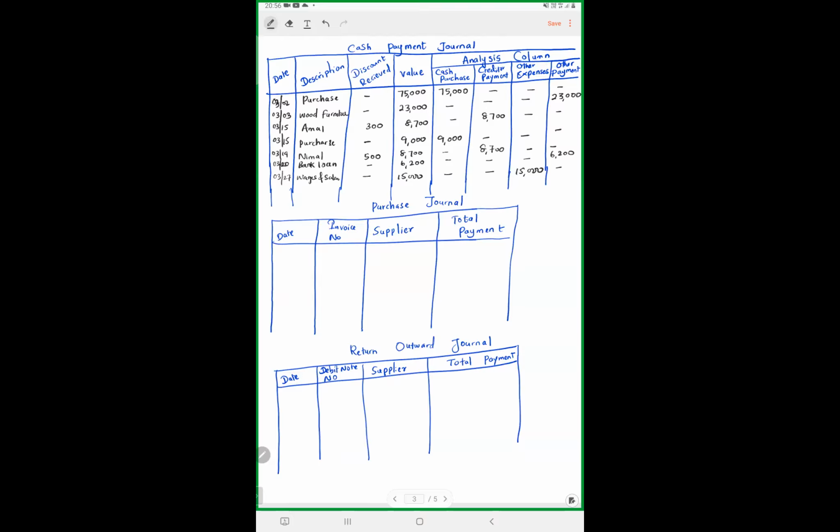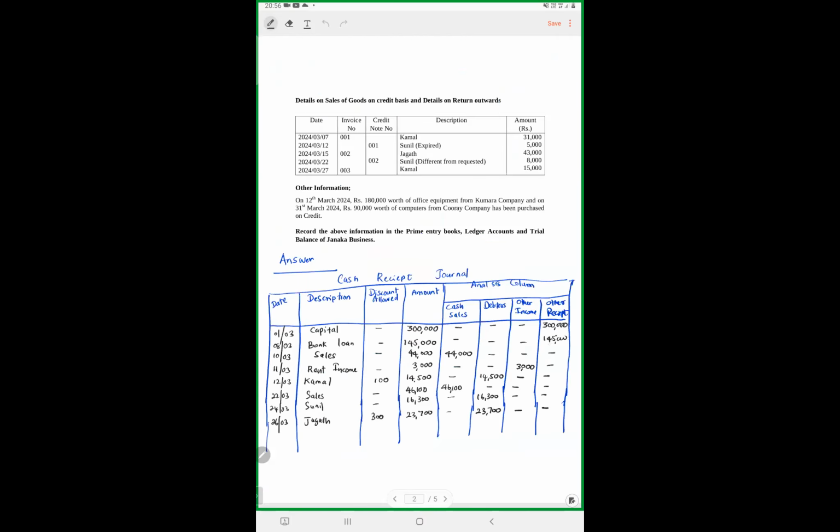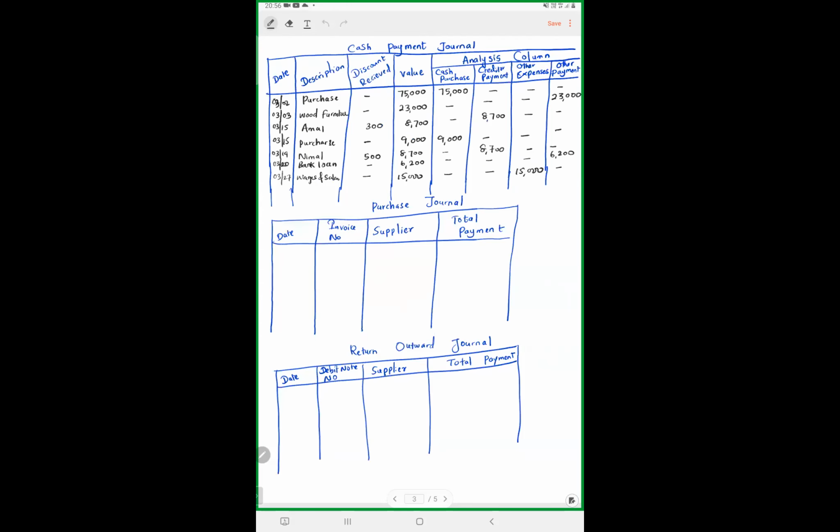We cannot include it under creditors or debtors as that is not the business activity. So if we are taking a loan, it means we are receiving the money, therefore we need to include it under other receipt. If we are settling the loan amount, we need to record it in the cash payment journal under other payment, right? Hope you understand it.